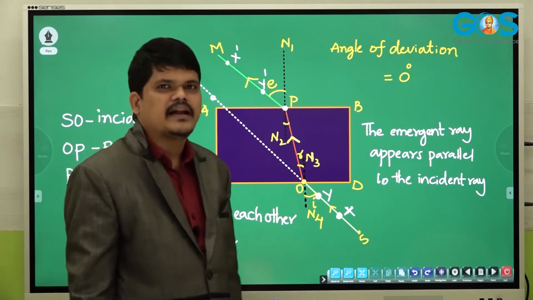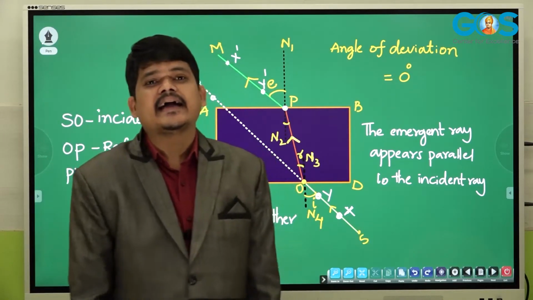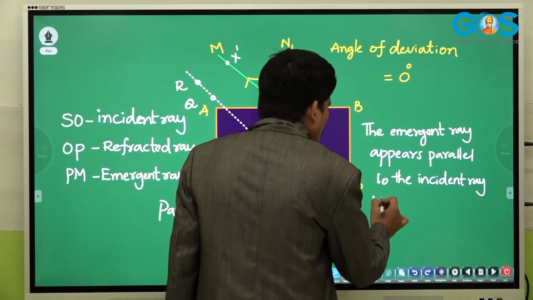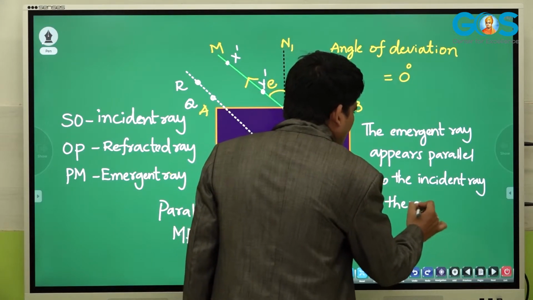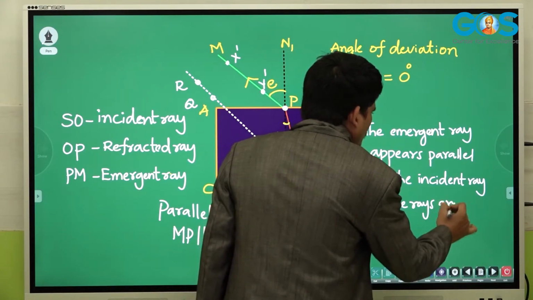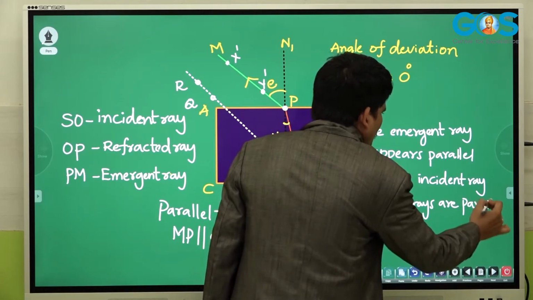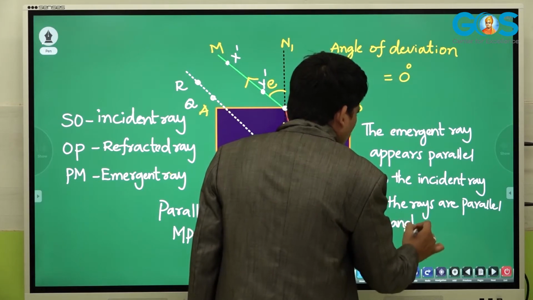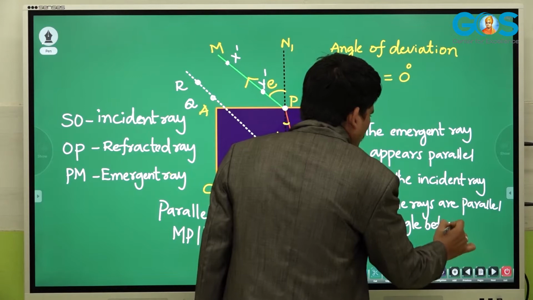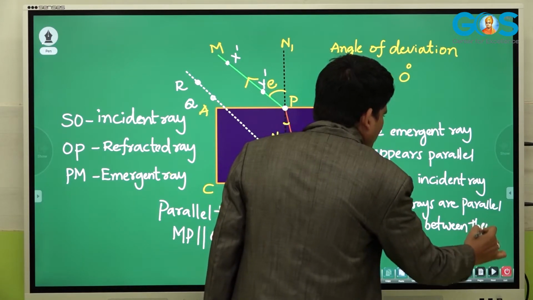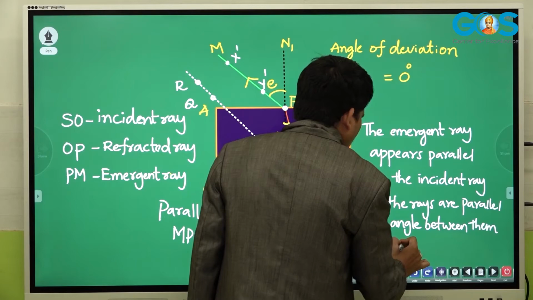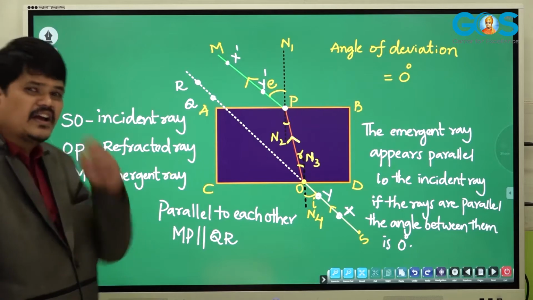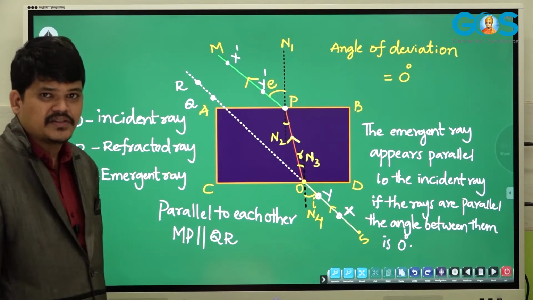If the lines or the rays are parallel, the angle between them is 0 degrees.